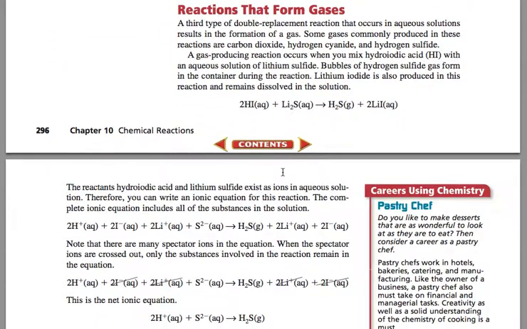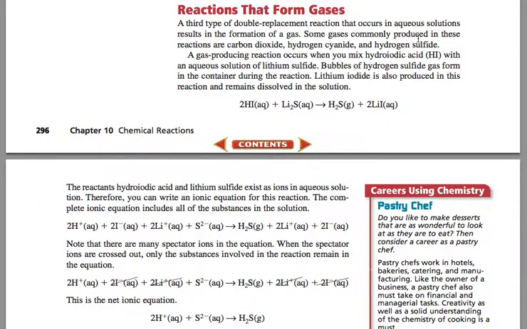Reactions that form gases. A third type of double replacement reaction that occurs in aqueous solutions results in the formation of a gas. Okay, so we've seen reactions that form solid precipitates, we've seen reactions that form water, and now we're looking at reactions that form gases. Remember that all of these are ionic compounds that are forming these double replacement reactions.